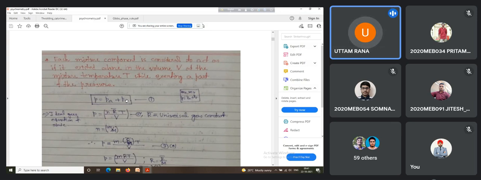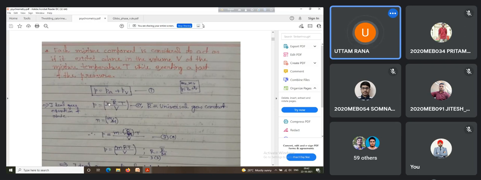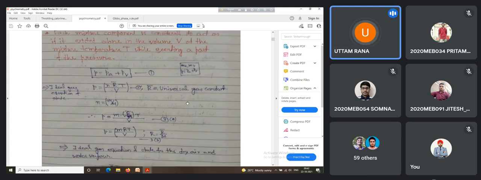Okay. So we can write PV is equal to nRT, where n is the number of moles and R bar is the universal gas constant. In some books it is written R suffix U. Here I am using R bar as the universal gas constant.